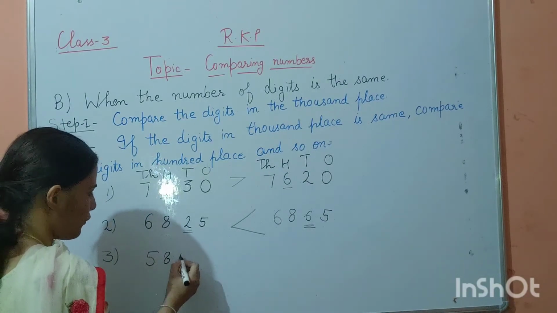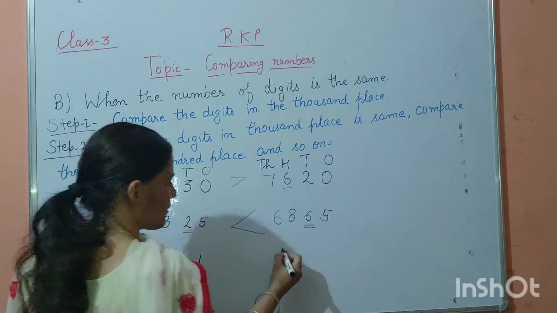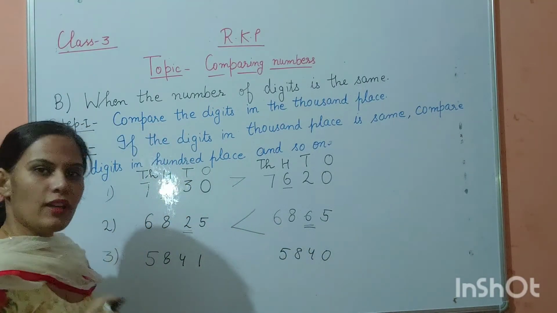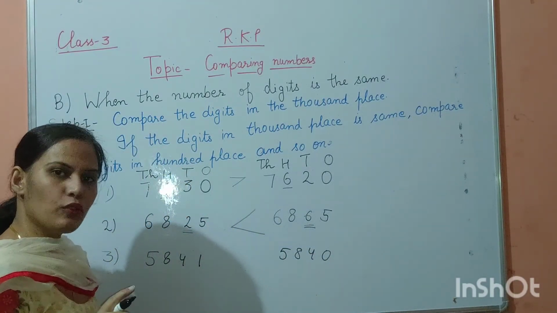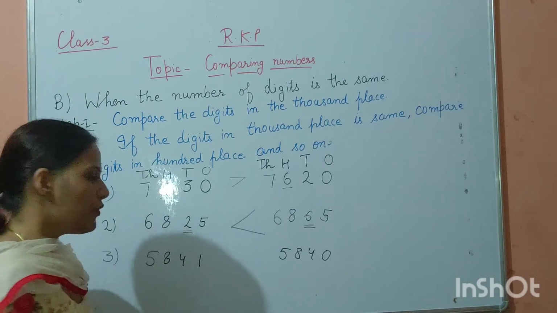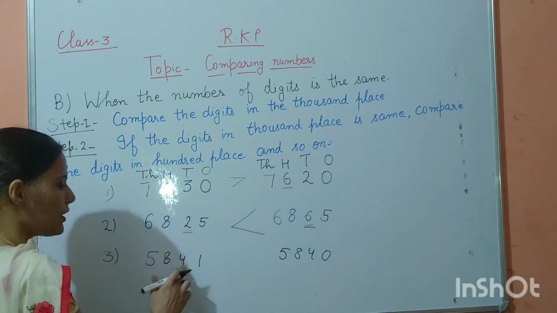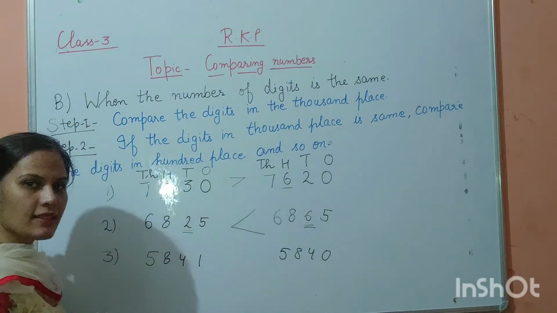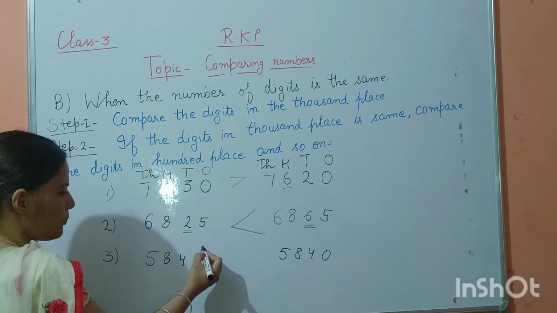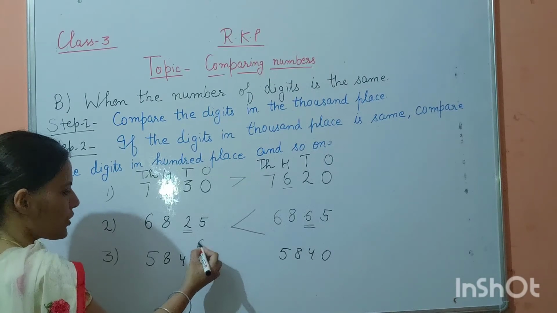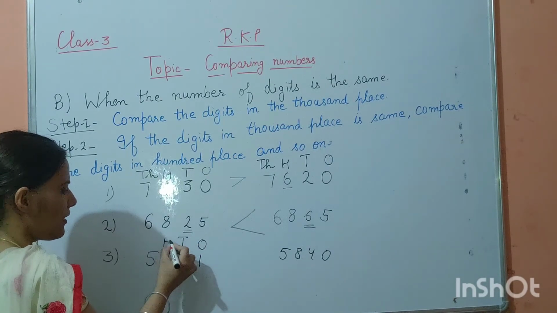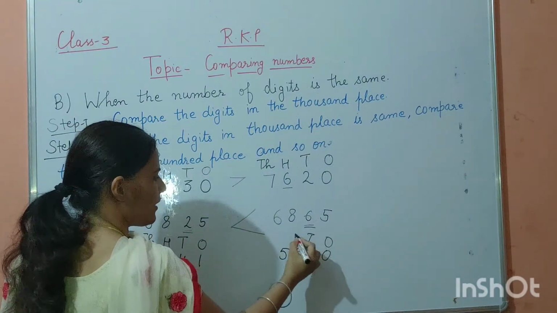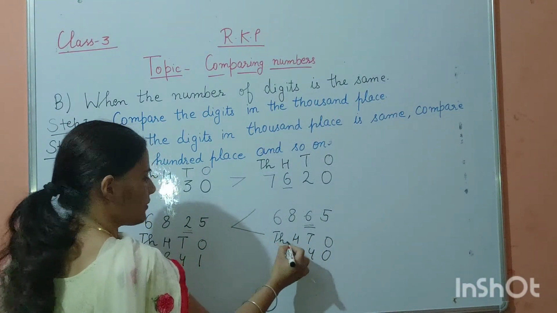Now let's take another example where the ones places are different. 5841 and 5840. Now as I told you, first of all count the number of digits. 1, 2, 3, 4. 1, 2, 3, 4. Number of digits are the same. Now place it in the place value chart. Ones, tens, hundred, thousand.